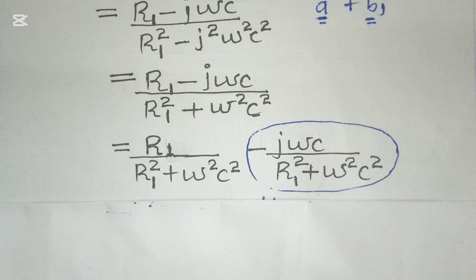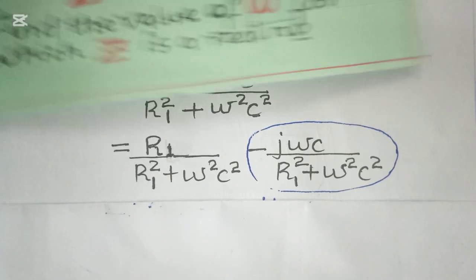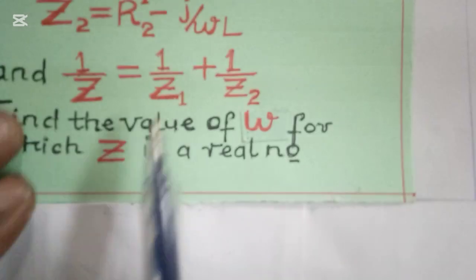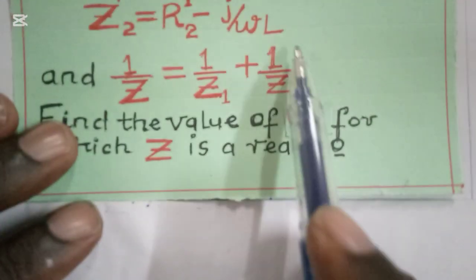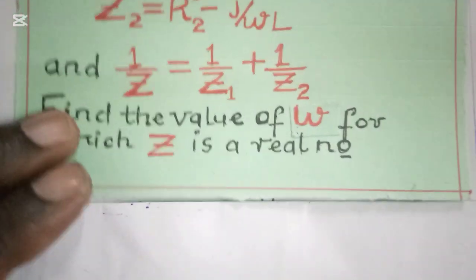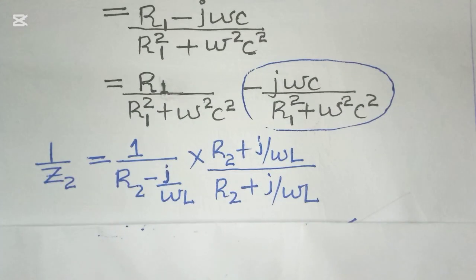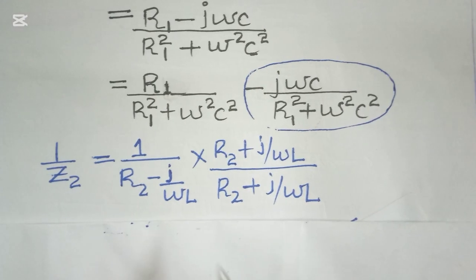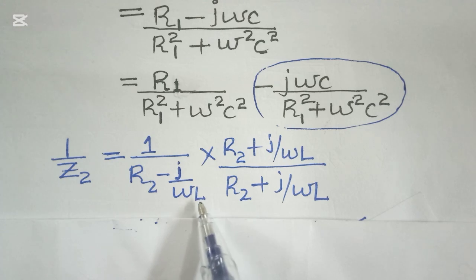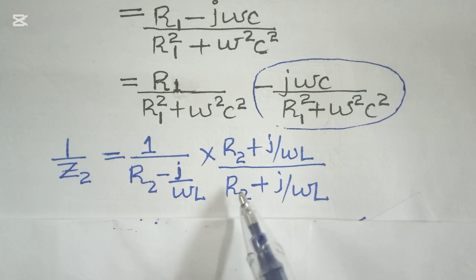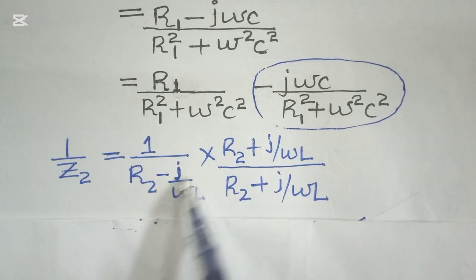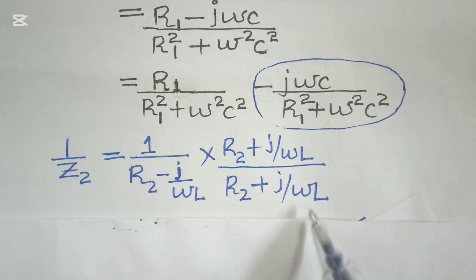Guys, we come again and now deal with 1 over z2 here. We have finished with 1 over z1, now we deal with this. Guys, we now rationalize that too. We multiply this term with its conjugate, which is this.